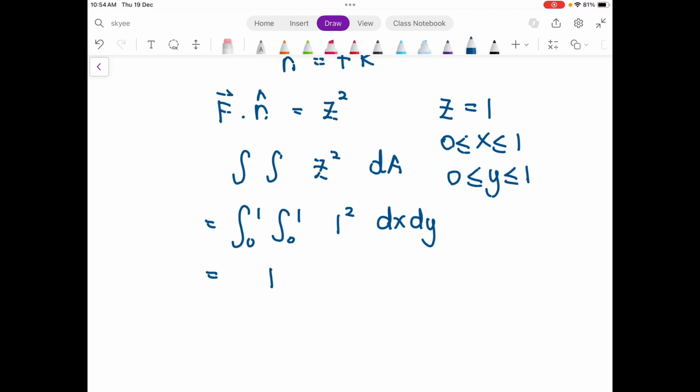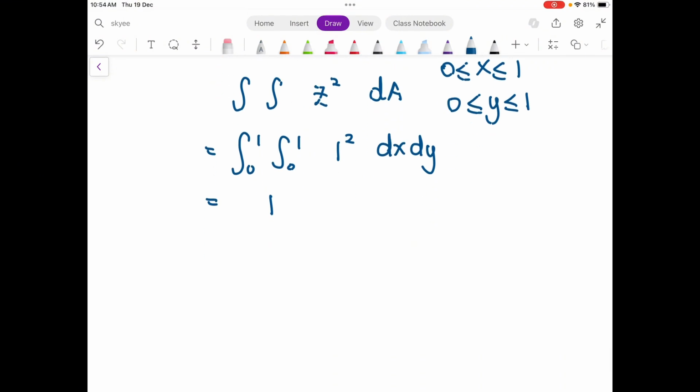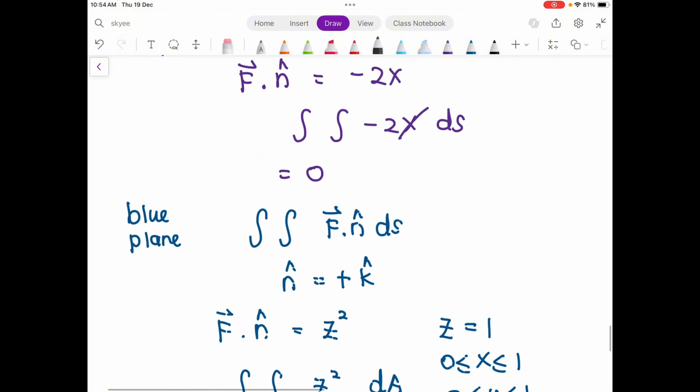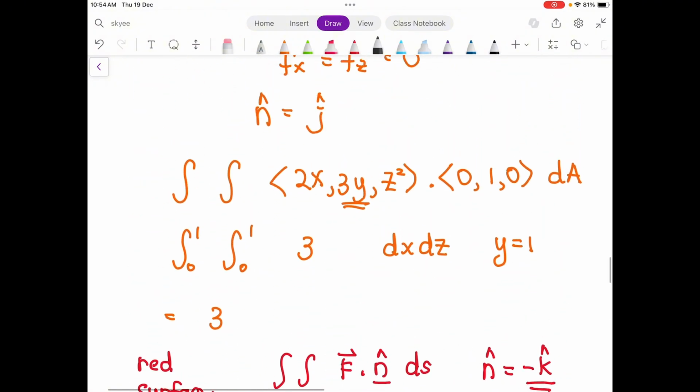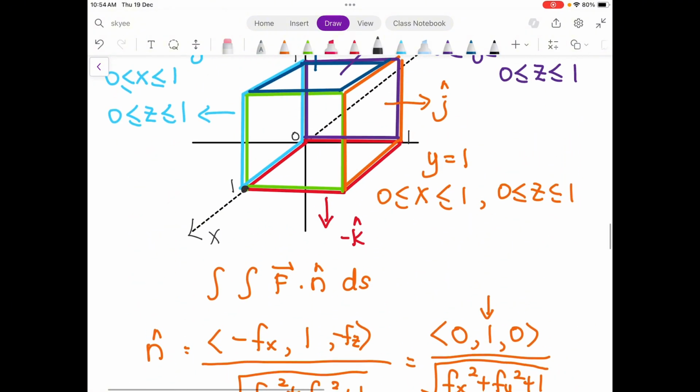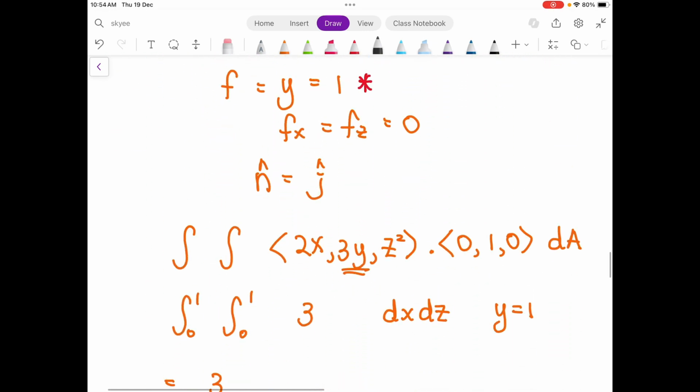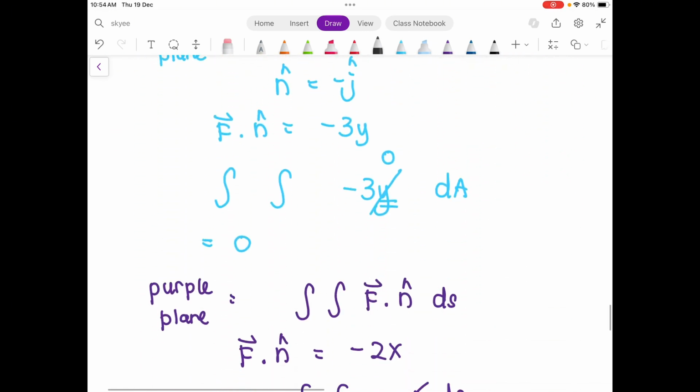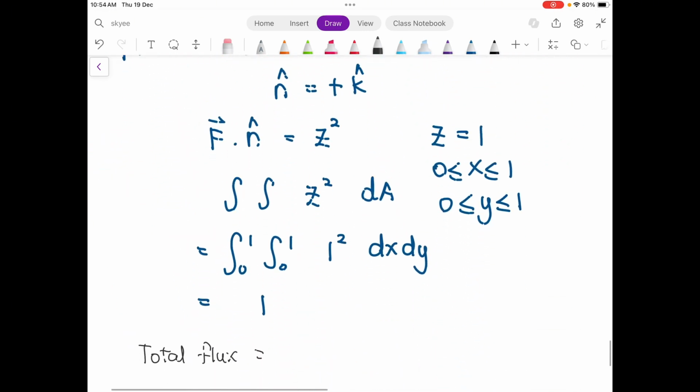Okay, so find the total flux. Finally, the total flux will be equal to, you add all of them together. So you can start from here: 3, 0, 0, 0, 1.